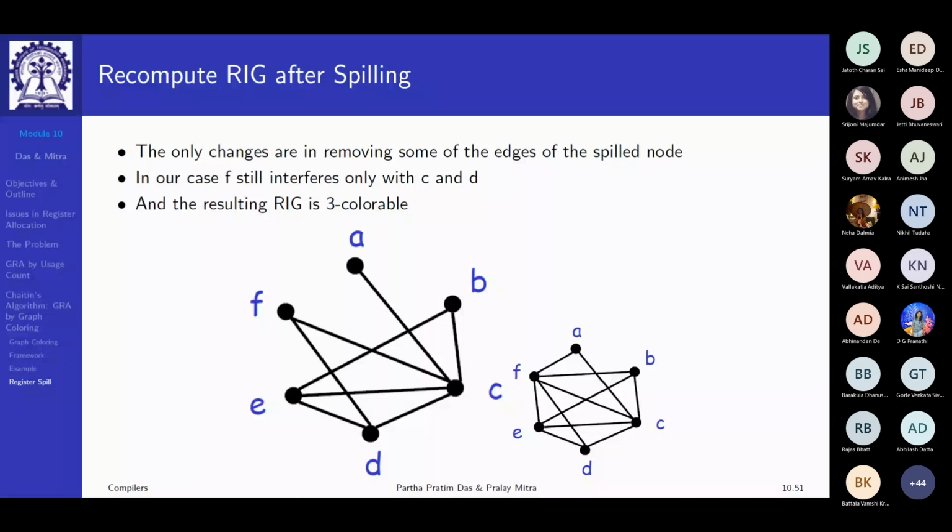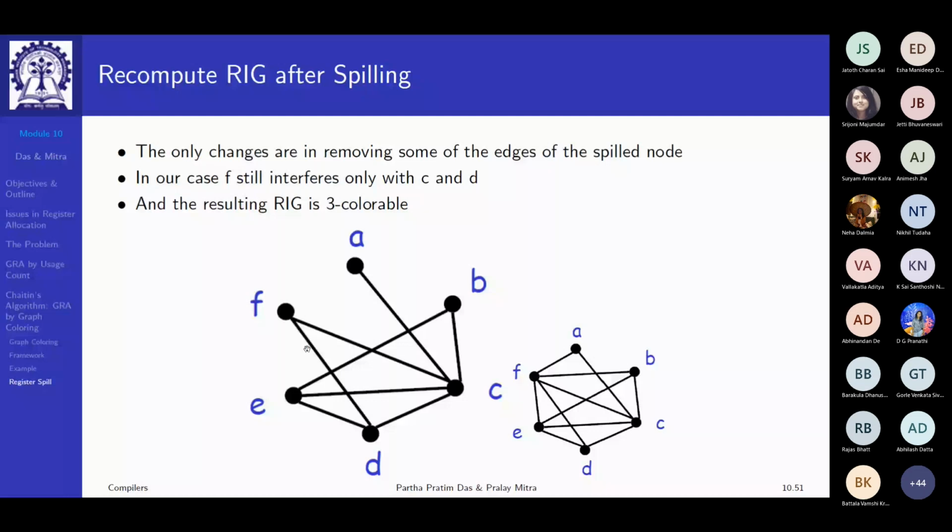So now if you look at this, this was the original register interference graph. And with this change, naturally F, as we see, no more interferes with A or with E. It just interferes with C and D, which happen in between.